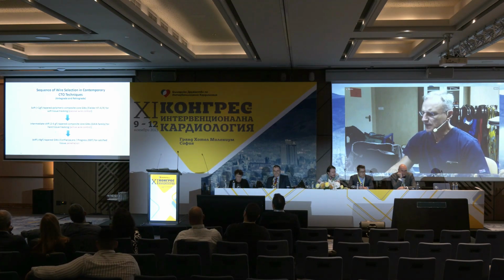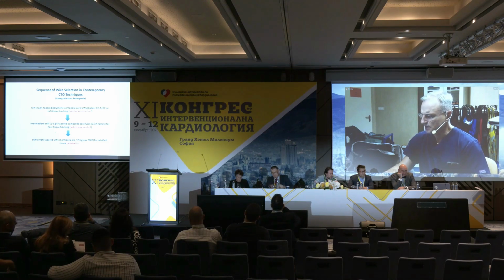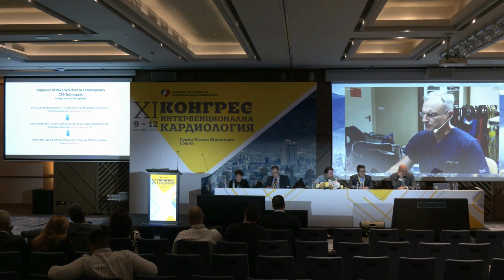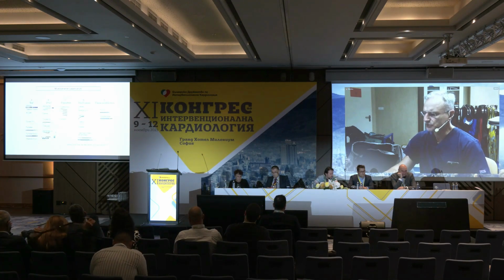And we have the classical stiff wires like the Confianza Pro and the Progress 200 and other wires now available in the field that are necessary in less than 10% of the cases, when you really have to penetrate hard tissue and especially calcified tissue. And most of these are not wires that work only by themselves; in most cases we have to combine all of these at certain parts of the procedure.